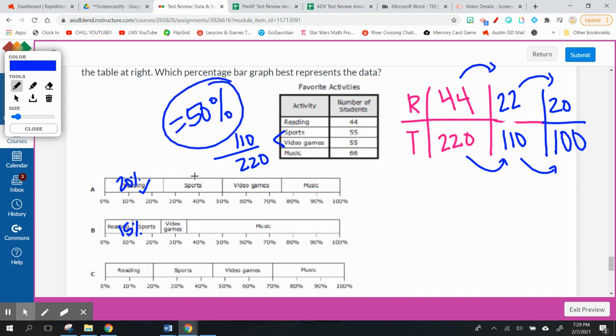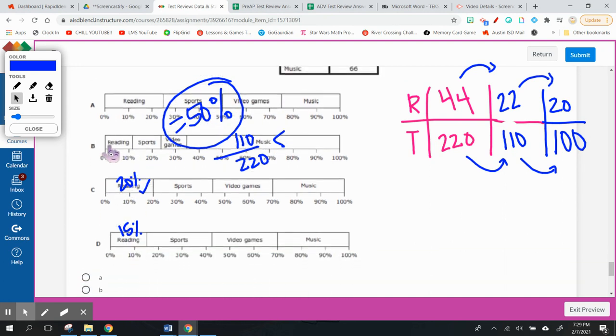Absolutely equal to 50%. They can't be anything else. And so if we take a peek, right, we already said that our 20% was pretty close. Our sports and video games were exactly 25%. Oopsies, not 220. We're exactly 25% in our answer choice C.